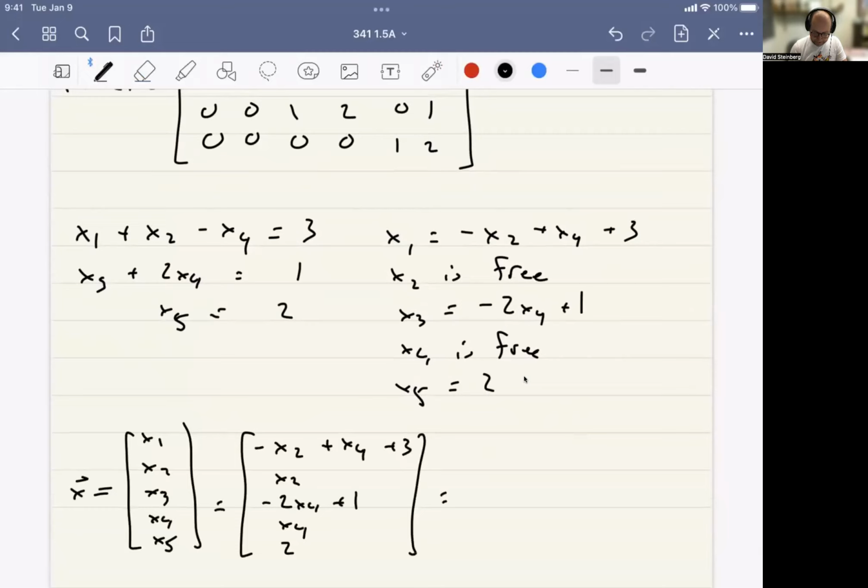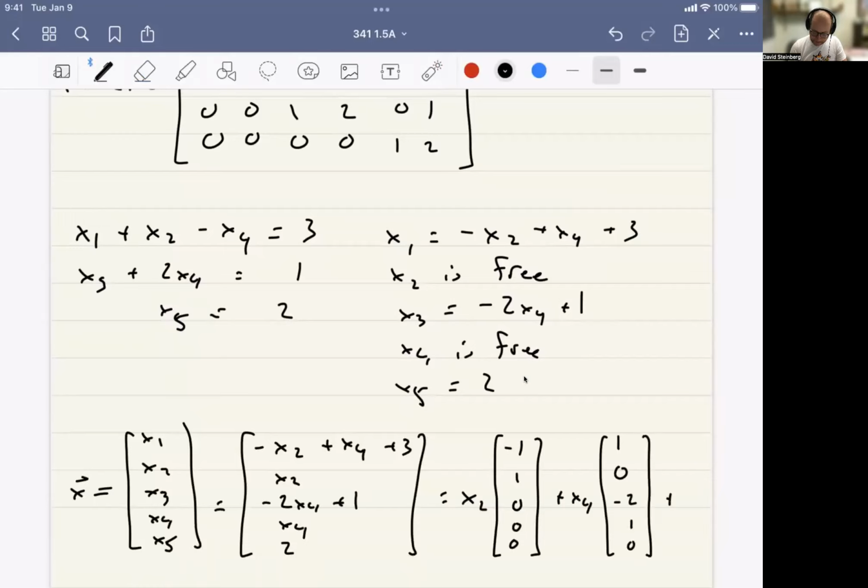Everything with an x2 in it is coming from -1, 1, 0, 0, 0. Everything with an x4 is 1, none, -2, 1 and 0. And then the constant terms: a 3, no constant, a 1, no constant, and 2. So 3, 0, 1, 0, 2.